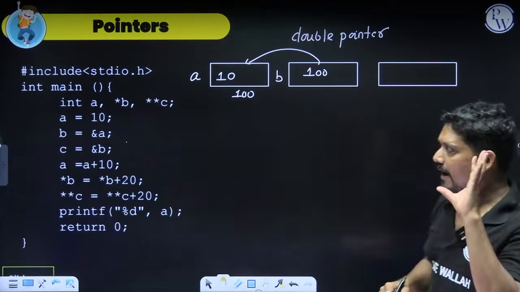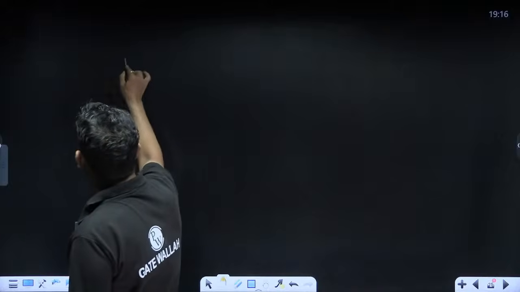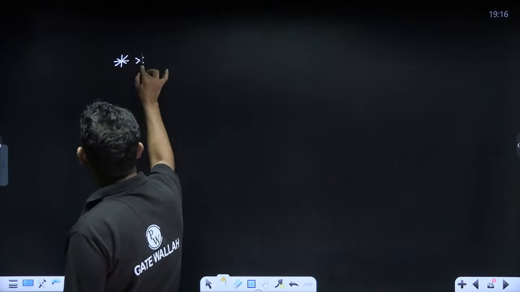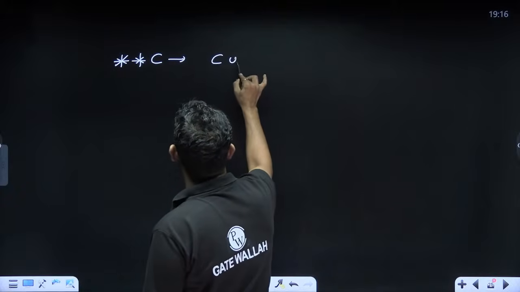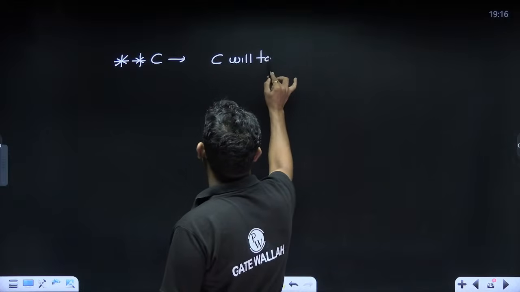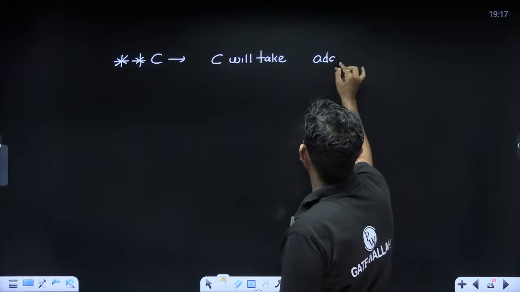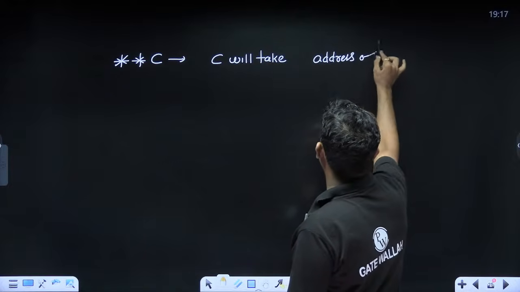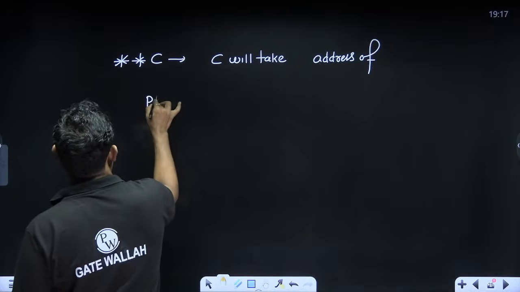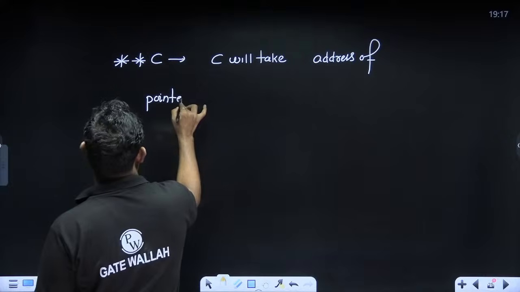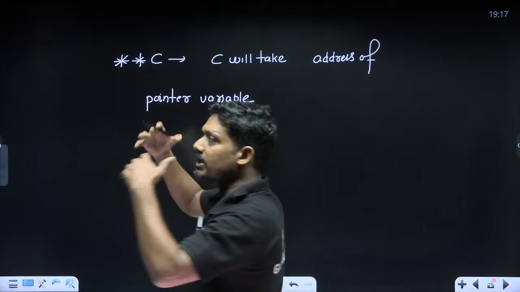When you say double star C, now understand, C will take the address of a pointer variable. Remember, pointer variable. This will keep on going.